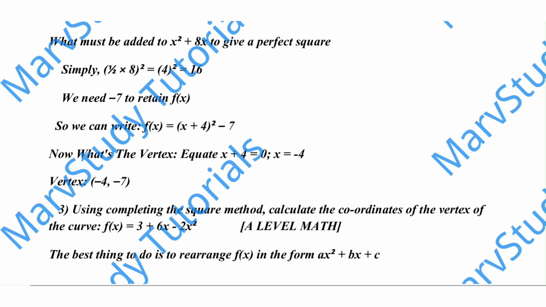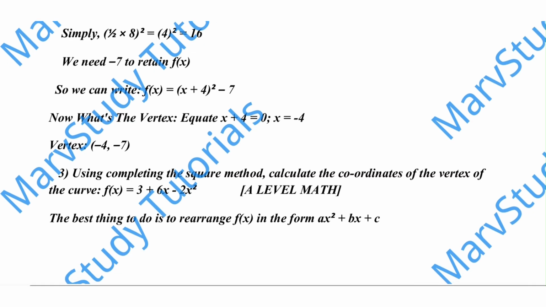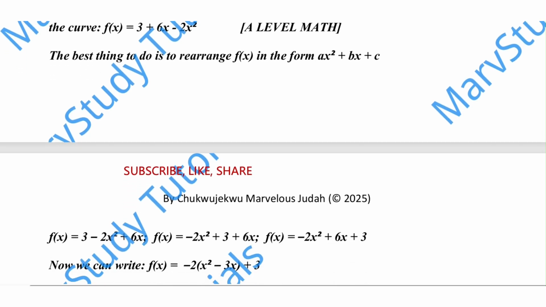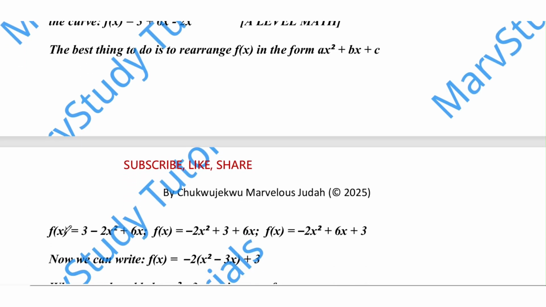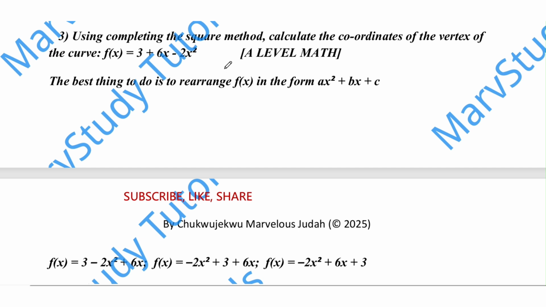So the best thing for us to do, remember we said f of x is equal to 3 minus 2x squared plus 6x. I rearranged it at this point. This is 3 plus 6x minus 2x squared, right?